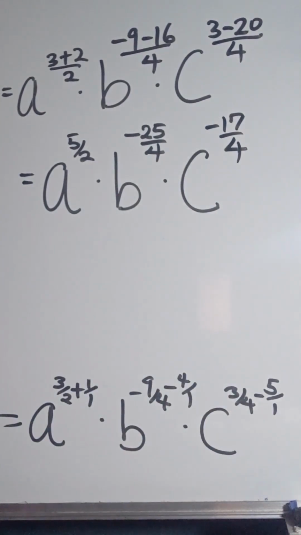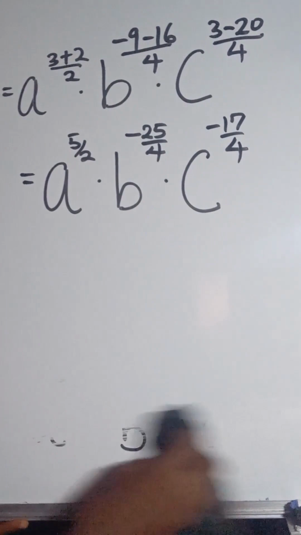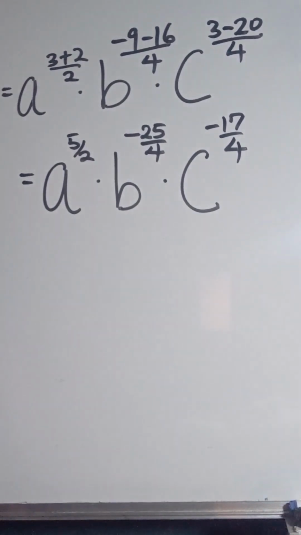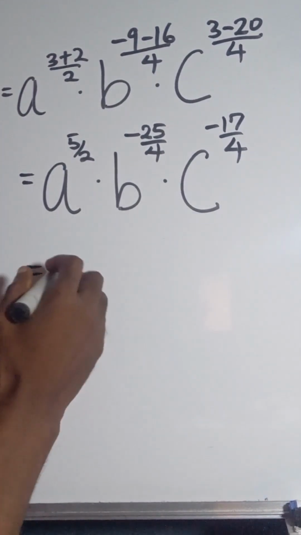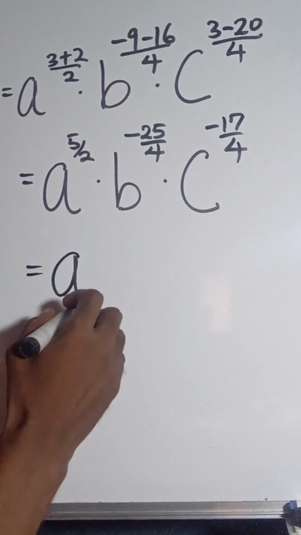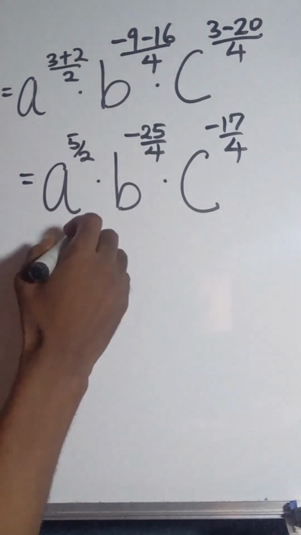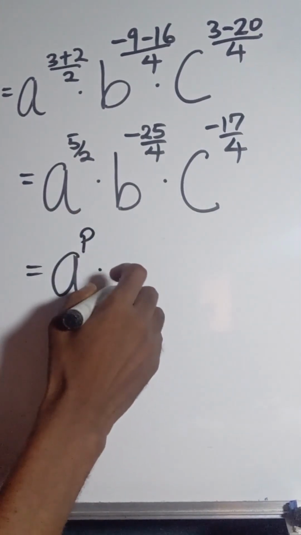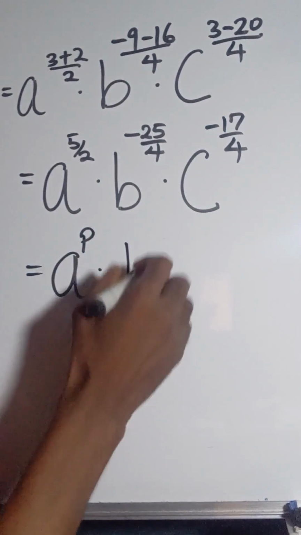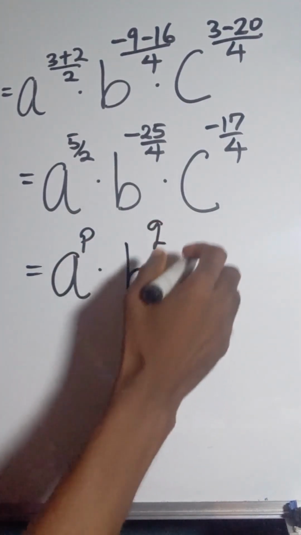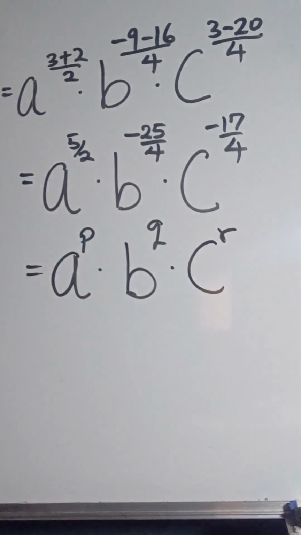Okay, so from this, we should remember that all this was equal to a raised to the power p, multiplied by b raised to the power q and c raised to the power r.